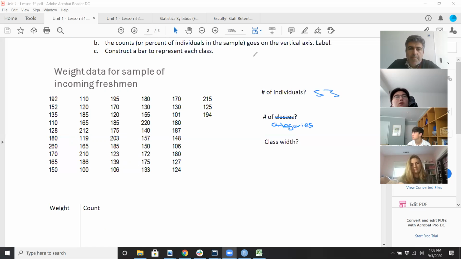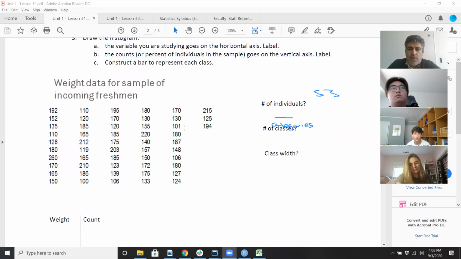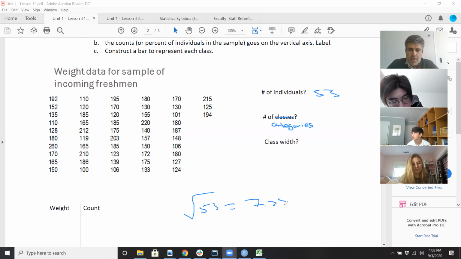So the rule of thumb is usually you can square root the sample size and round up. So let's actually take the square root of 53, which is 7.28. And we'll round up.